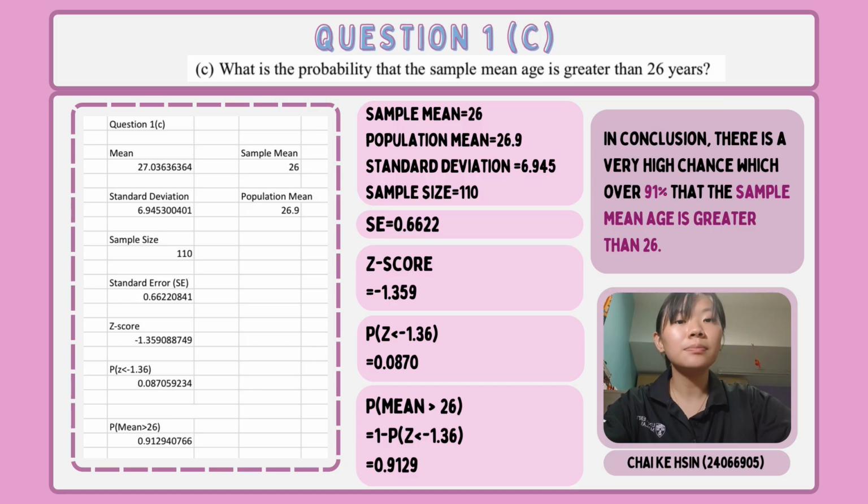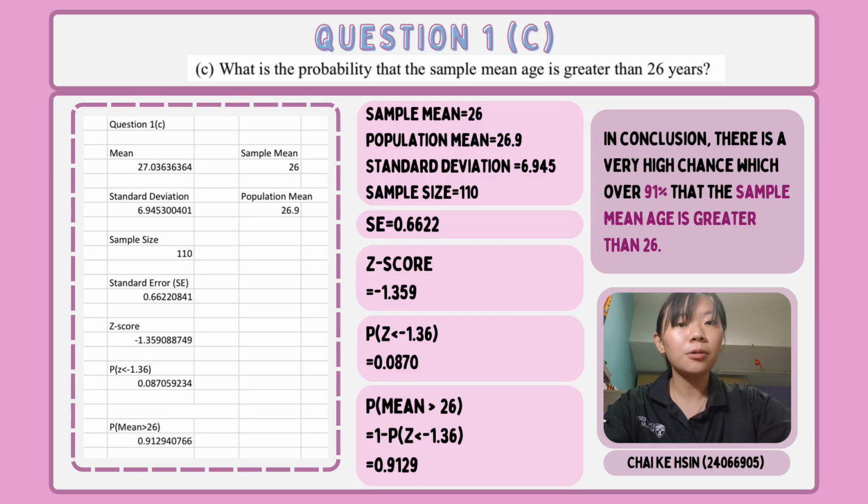Next, we look up this z-score in the z-table. The probability that z is less than negative 1.36 is 0.0870. But since we want the probability that the mean is greater than 26, we subtract this from 1.